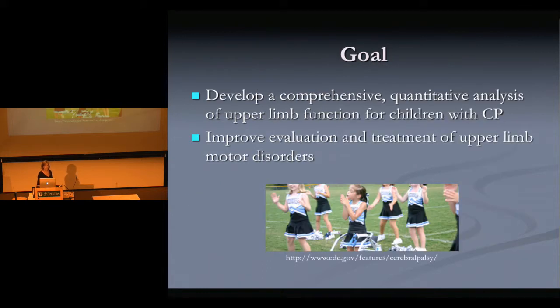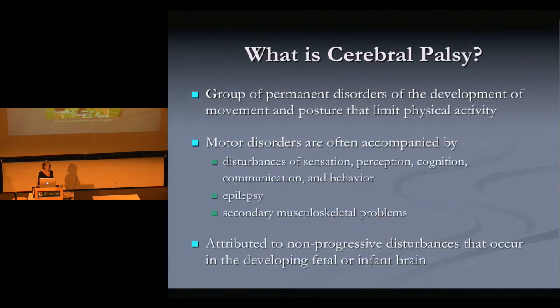So our goal with this research was to develop a comprehensive quantitative analysis of upper limb function for children with cerebral palsy, and in order to improve the evaluation and treatment of upper limb movement disorders, to help these children live full and enriching lives.